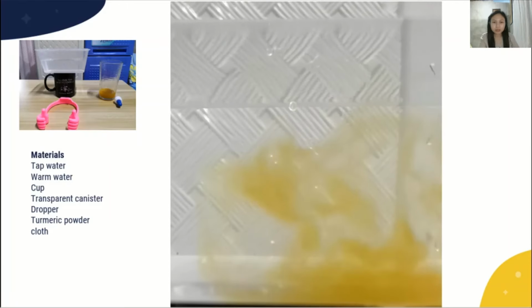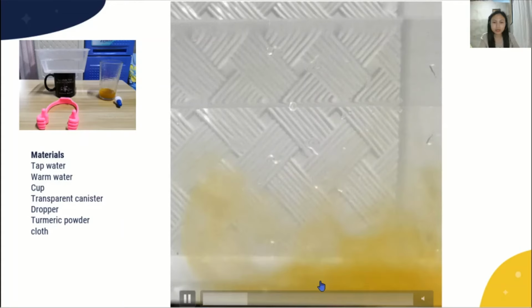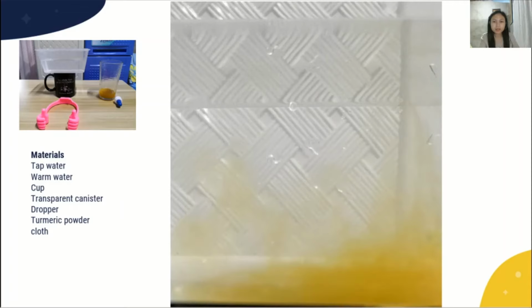As you can notice, the turmeric solution is here at the bottom. But it started to absorb the heat coming from the hot water in the cup. So it rises up.